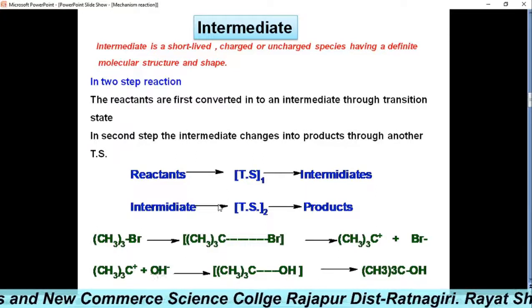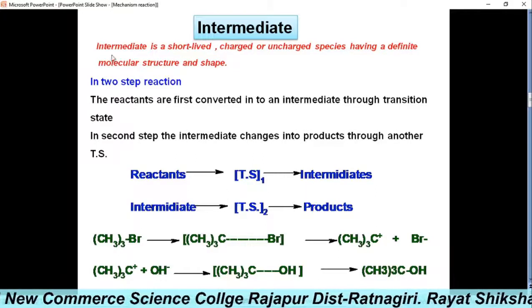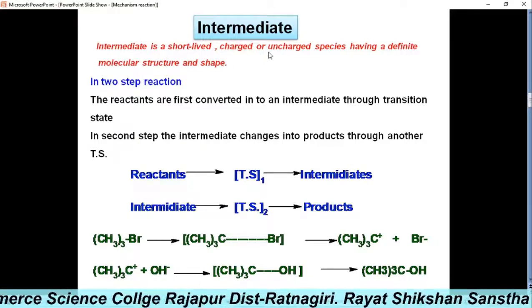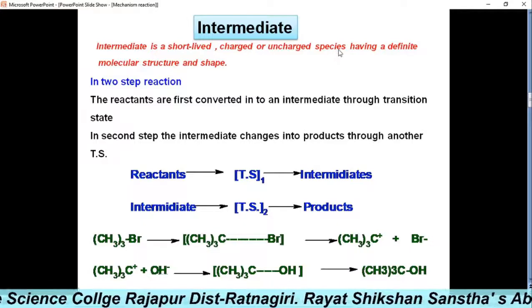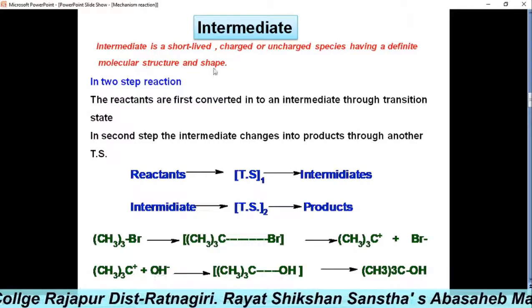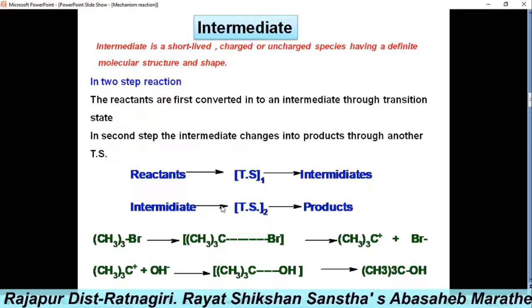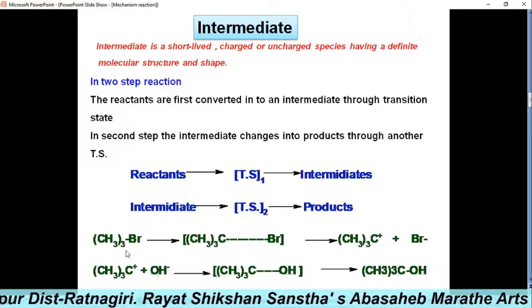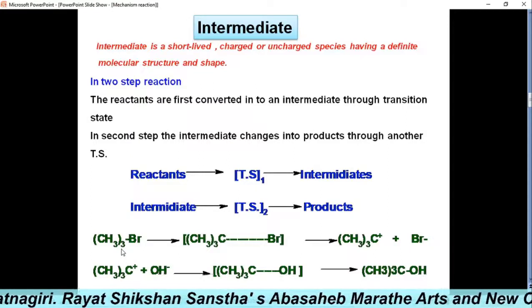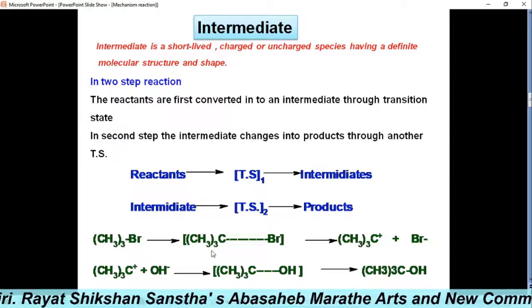Some types of interconversions are there. Why is it observed? Because the intermediate is a short-lived, charged or uncharged species having a definite molecular structure and shape. We have seen examples like tertiary butyl bromide. We take it in a reaction.